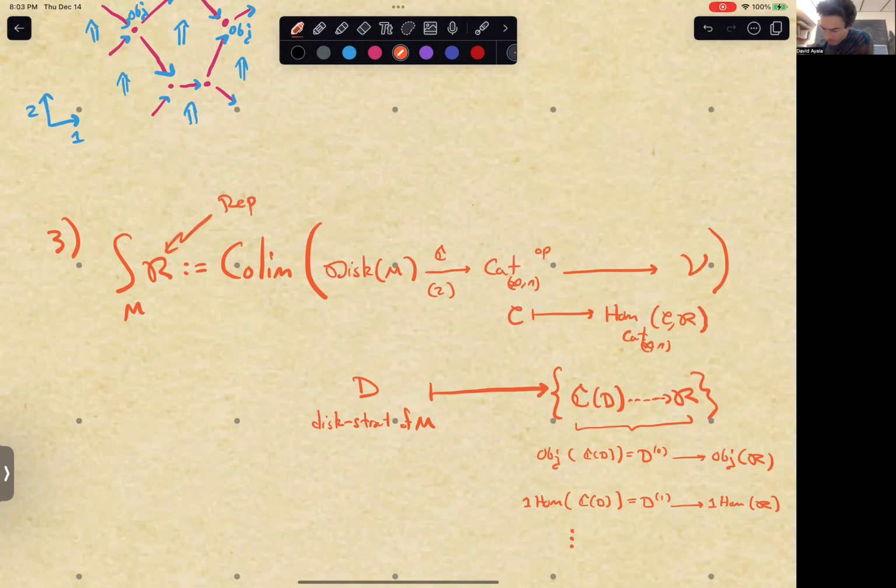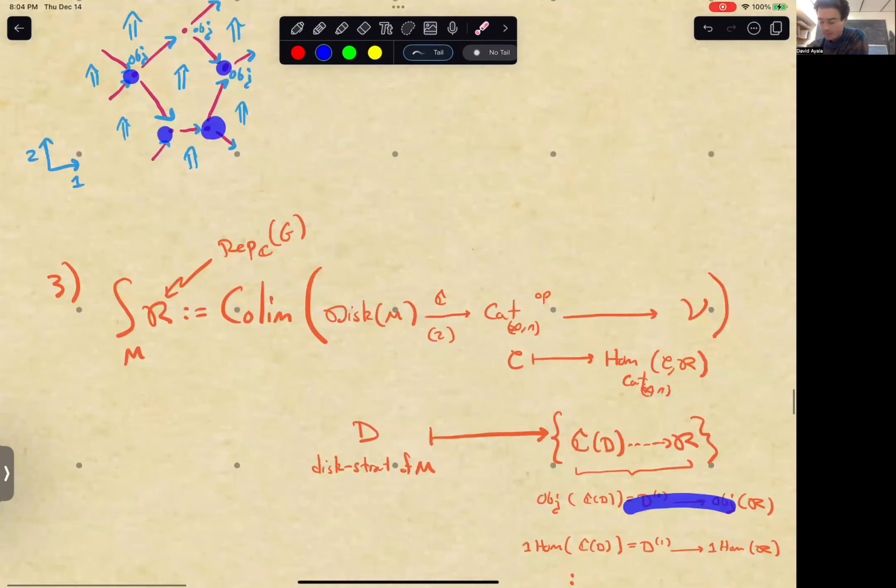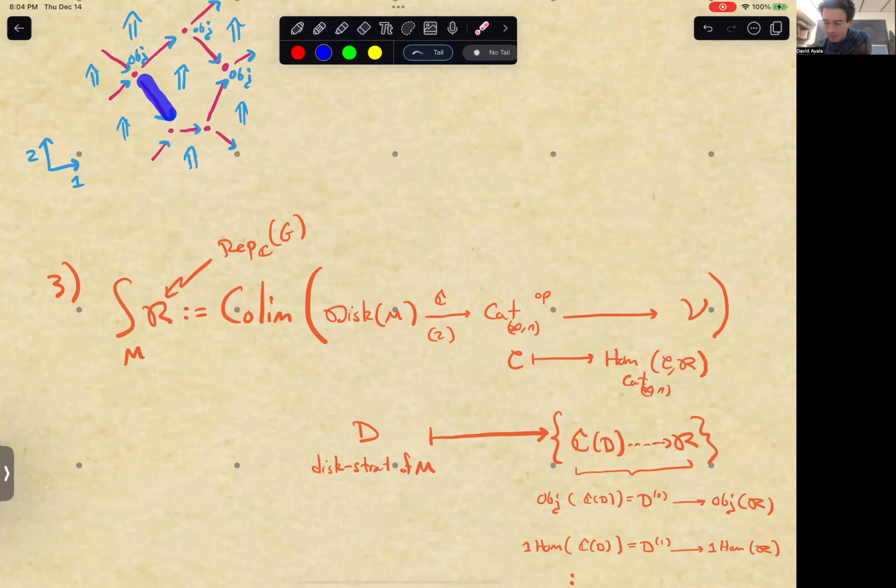So think of it as like representations, complexes of something, or something like that. In that case, this would select out for every dot a G representation, and for every arrow, it would select out a linear G-equivariant map.